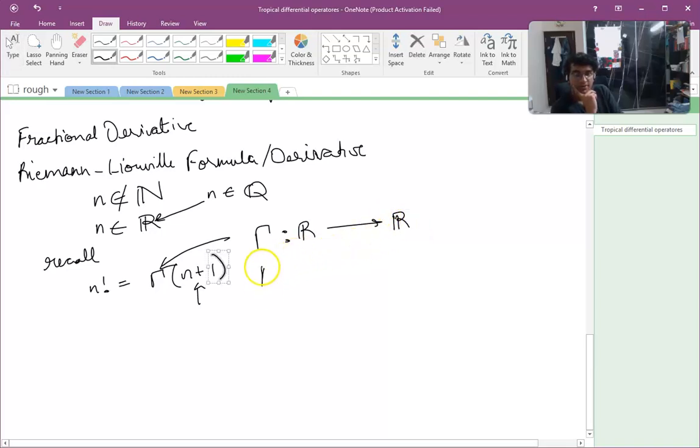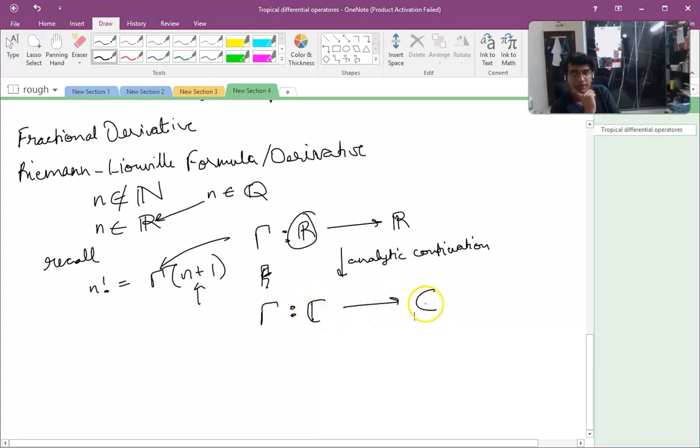Or it can also be extended by a process called analytic continuation for gamma. You can extend its domain of just R, so that it now takes complex numbers and maps to another complex number.